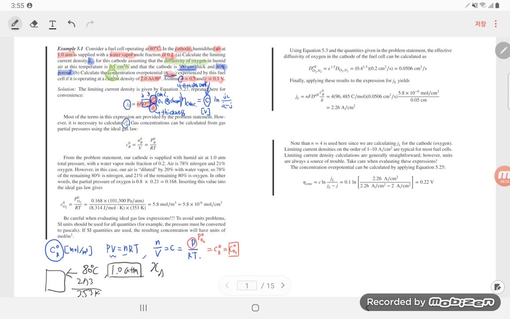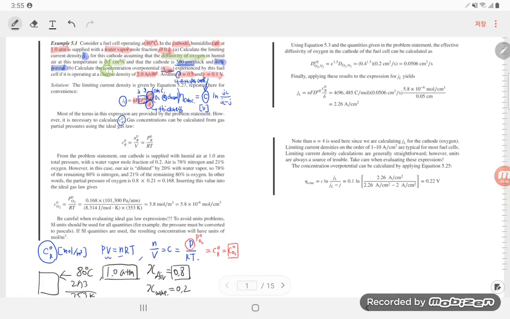The mole fraction of the air is 0.8, 80%, because the water mole fraction is 0.2. And among this mole fraction, there is air, and there are nitrogen gas and oxygen gas.